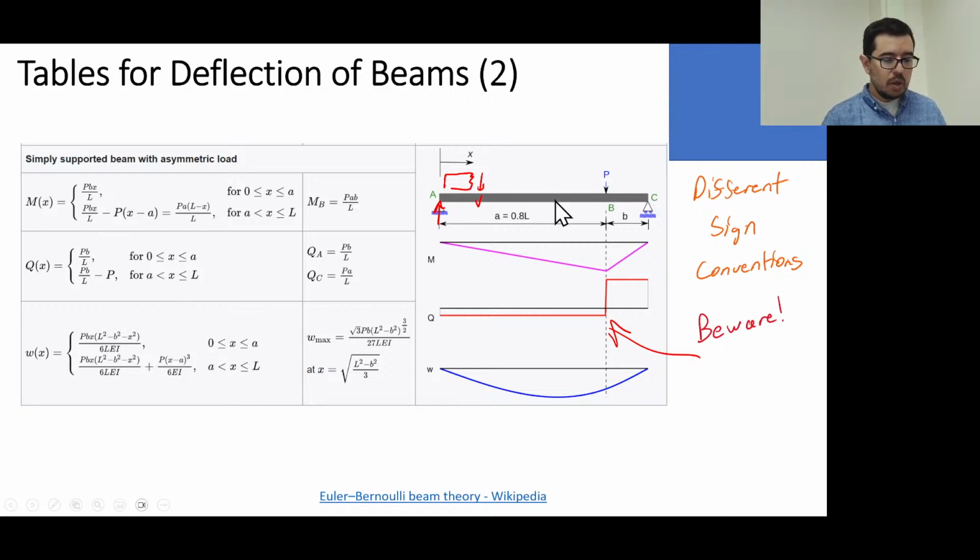Okay, so it tells us that b is a different value over this length. So we have these two terms, where we have an a and we have a b.